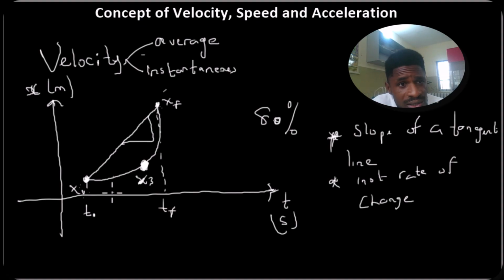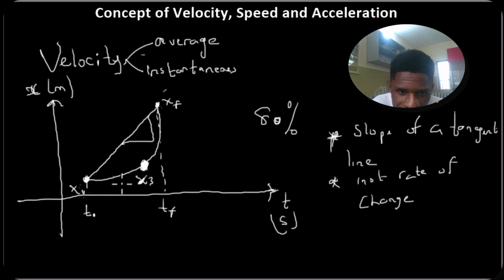Now, if you want to solve this graphically, remember from our analysis, we said it is the slope of a tangent line. So definitely, we want to draw a line that will touch this point at just one position. Remember, tangency means touching a particular shape or an object or a point at one point only.